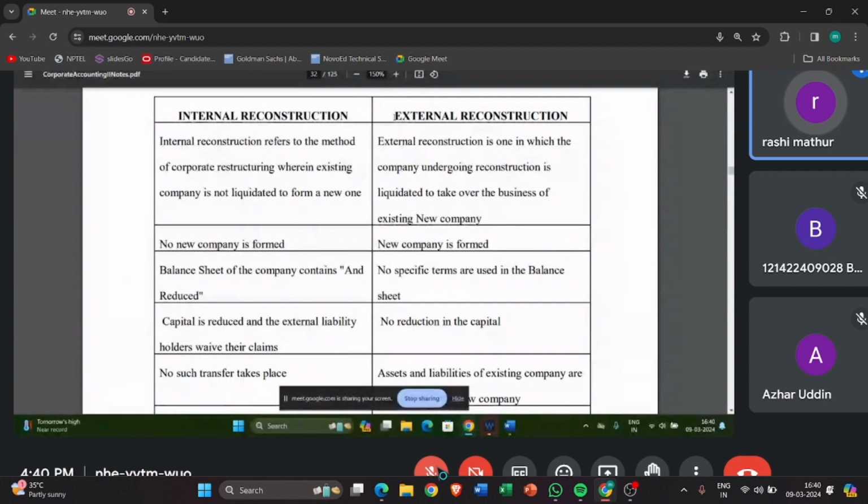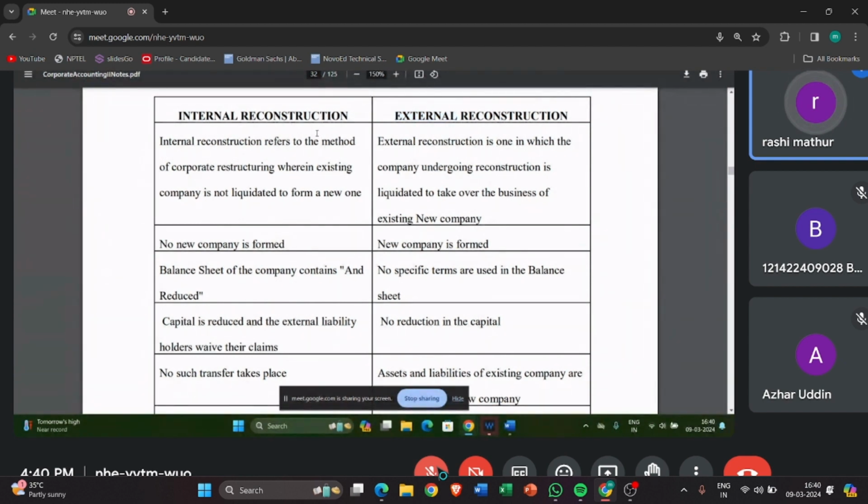Whereas if you're involving a new, outside, third company, like how we saw in amalgamation, it is called external reconstruction. So when there's a merger, a takeover or a purchase, it is called external reconstruction.